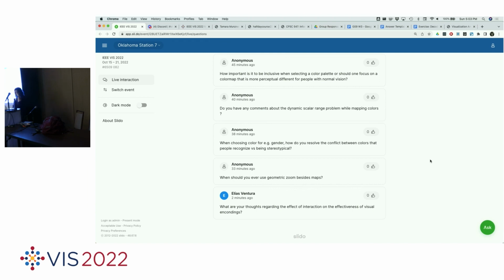The short answer is, if there's a paradigm where selecting a small number of things will allow you to then dive more deeply and explore, there's often a lot of power in that. So interaction does have a lot of power.